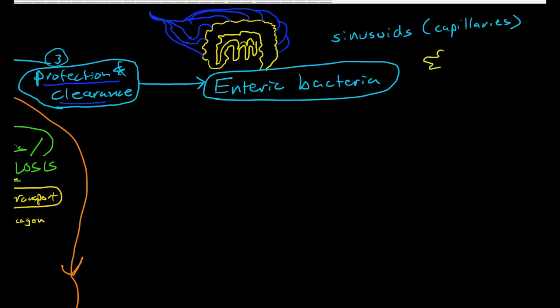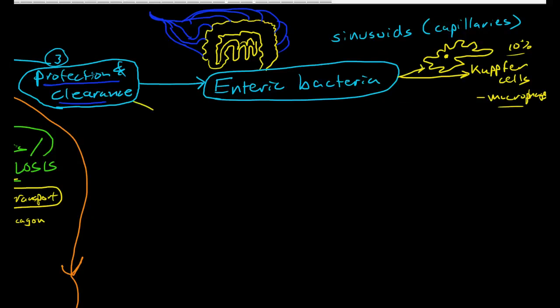Kupffer cells are very active, potent macrophages. And in fact, there are many of them, such that if you weigh the liver by cell, they make up a significant portion of these cells, probably about 10% of all cells in the liver by weight. So these are a significant part of the liver.